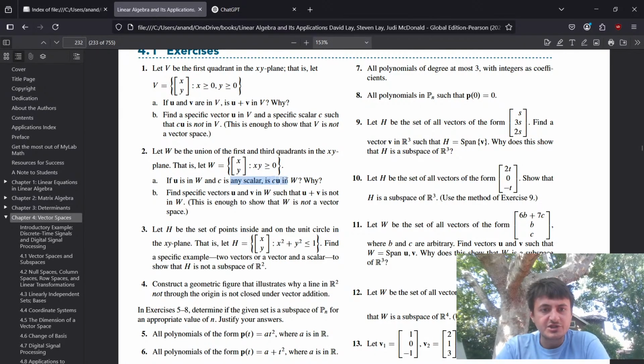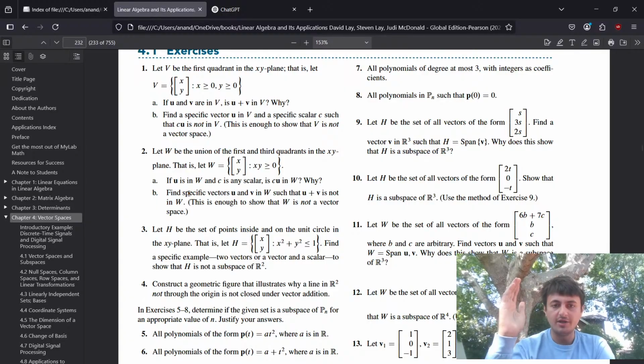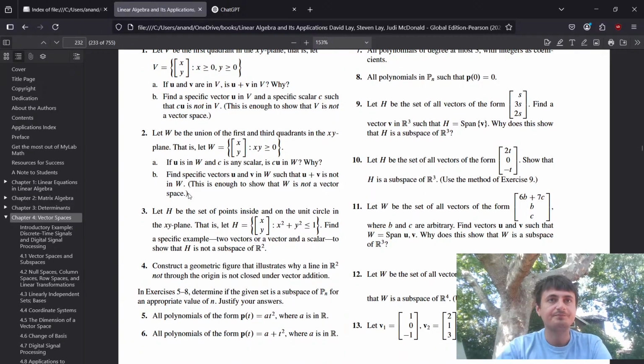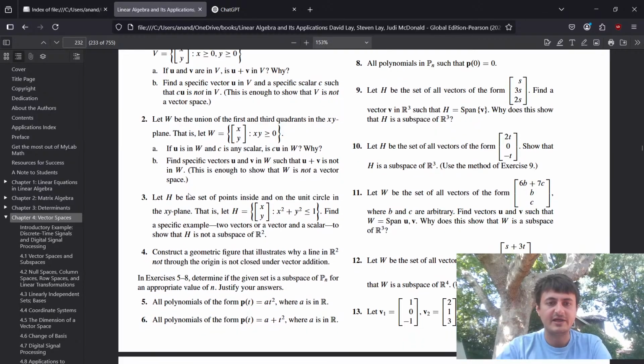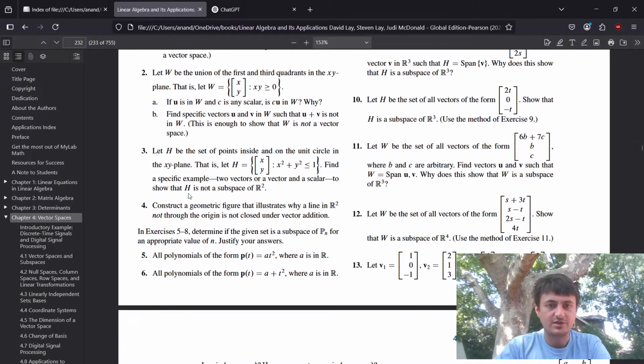Then you can show that there's something that's closed under scalar multiplication but is still not a vector space because it's not closed under addition. So you take (0, 1) and (minus 1, 0), and then you get into the second quadrant, and that's not W. So W can't be a vector space.